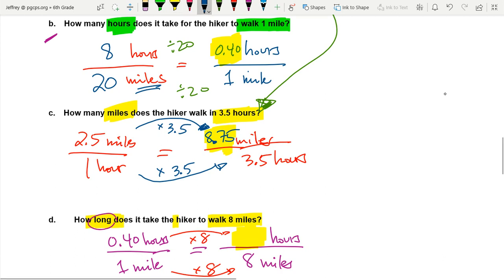It's 3.2 hours. So in 8 miles, the hiker walks for 3.2 hours. So always make sure to make sense of each question, each problem, okay? And then you can manipulate the data, the rates, and the unit rates. Hopefully that helps.